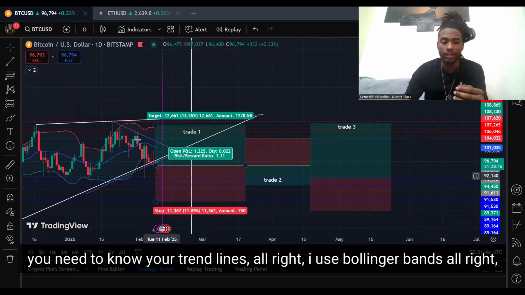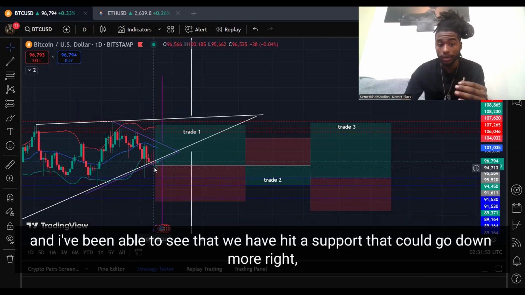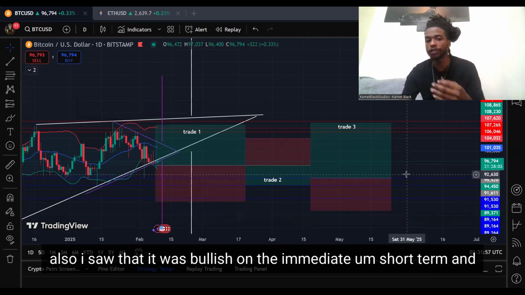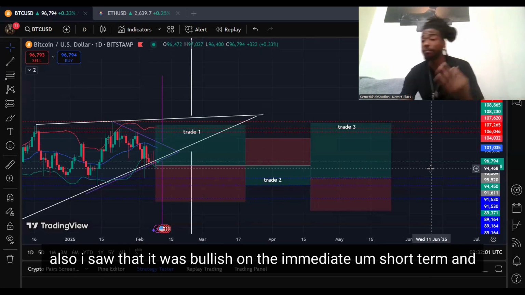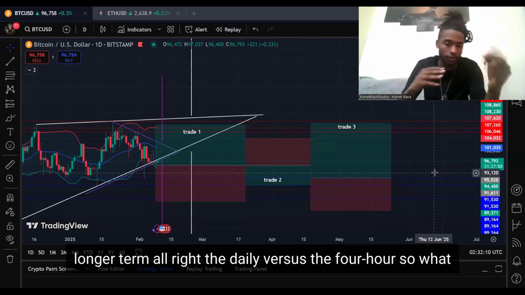You need to know your trend lines. I use Bollinger Bands, and I've been able to see that we have hit a support that could go down more, but we also have plenty of room to go up. Also, I saw that it was bullish in the immediate short term and bearish in a relatively longer term, the daily versus the 4-hour.